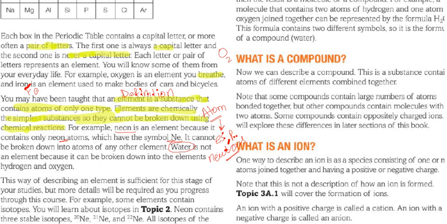Now let me make it here, H2O. This is the formula of water, and you understand that it has two atoms of hydrogen and one atom of oxygen, okay. When it breaks down, it will form hydrogen in its molecular form and oxygen in its molecular form too.